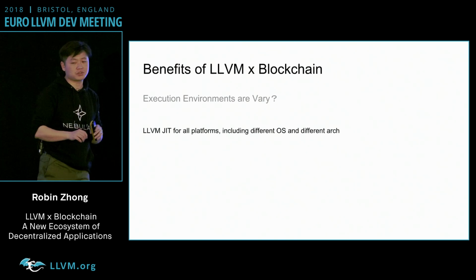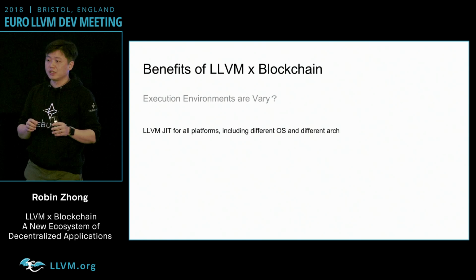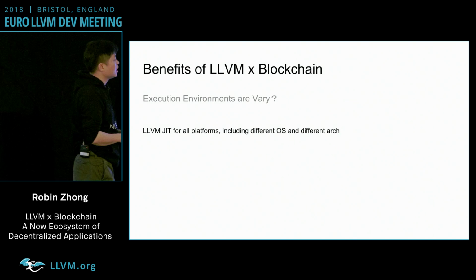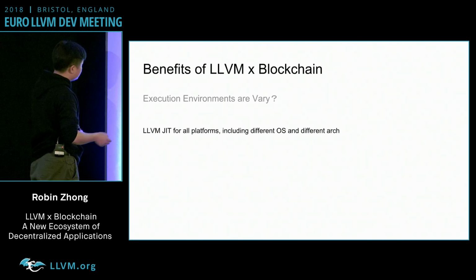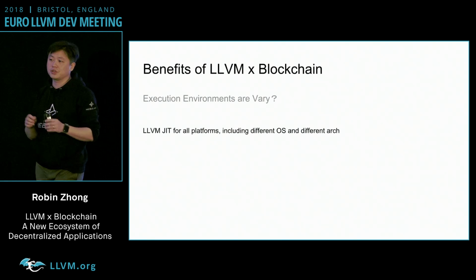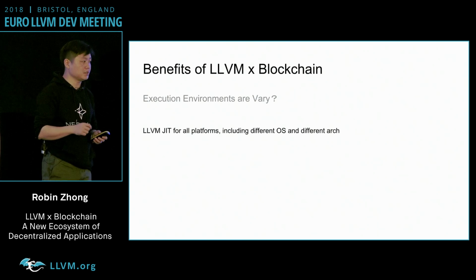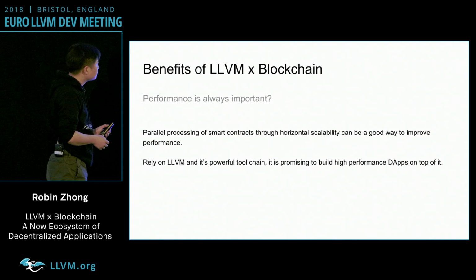We have to change all those toolchains. But luckily, LLVM supports different backends, like MIPS, x86, PCs, and other platforms. So LLVM and its JIT can support all those platforms very easily, which makes the execution environment and platform support easier than other approaches.